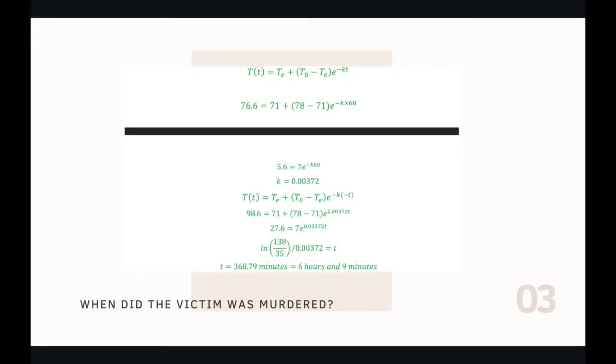So I chose to find K first by applying it to T. It is 76.6 Fahrenheit, which is after a while that the body was recorded, and the initial temperature is 78, and the environmental temperature is 71, with e to the power of negative K times 60, because the initial and the final T were found after 1 hour, which is 60 minutes.